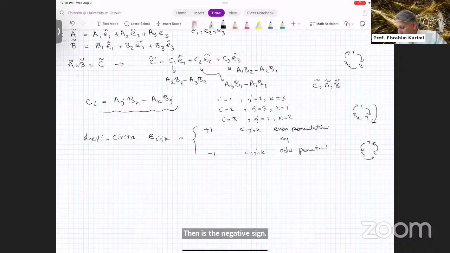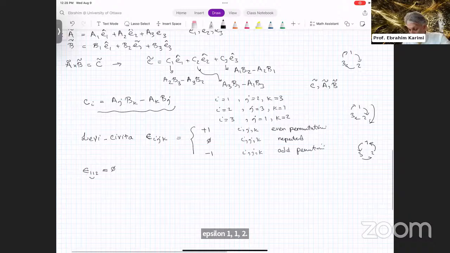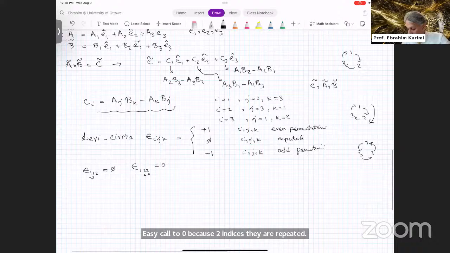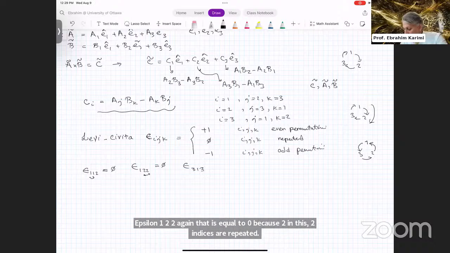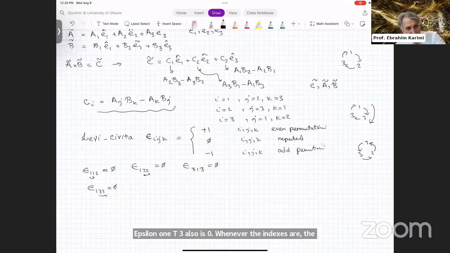And when the indices are repeated, the result is equal to 0. For example, epsilon 1, 1, 2 is equal to 0, because 2 indices are repeated. Epsilon 1, 2, 2 is again equal to 0. Epsilon 3, 1, 3 is also 0. Epsilon 1, 3, 3 is also 0. Whenever the indices are repeated, it is equal to 0.